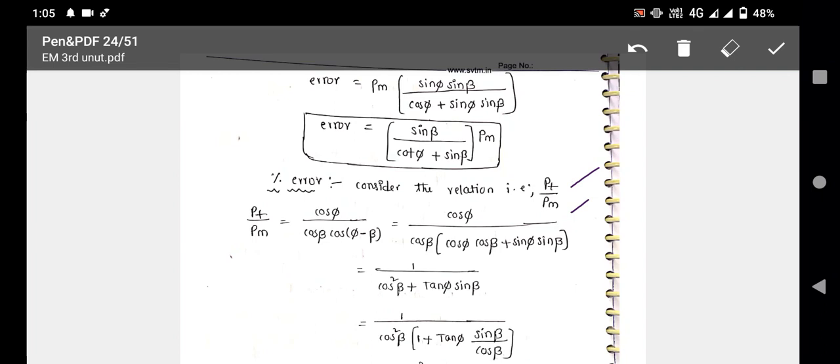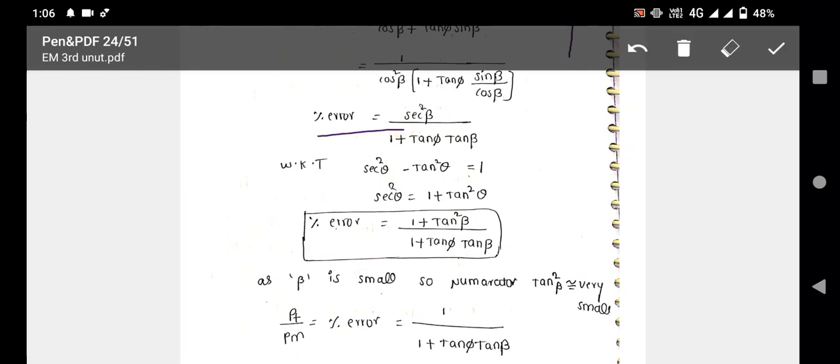By doing this, we can write cos(phi minus beta) as cos phi cos beta plus sin phi sin beta. If you multiply by 1 by cos square beta, you will get 1 by cos square beta. If you take it common, 1 plus tan phi tan beta by cos beta, you can write.